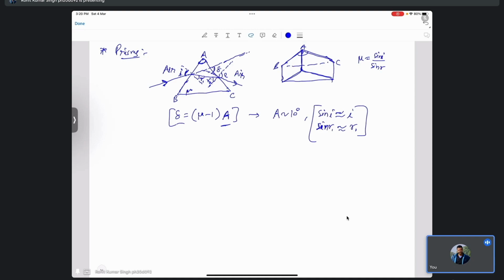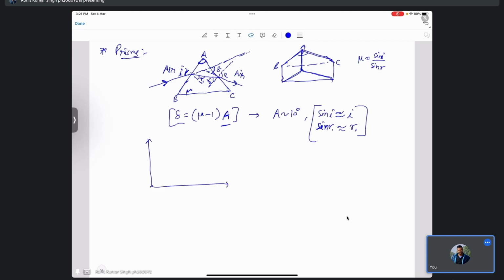Starting from a thin prism, you can vary the thickness of the prism, and there will be a point where this deviation will be minimum. Okay, so you will get a curve like this.